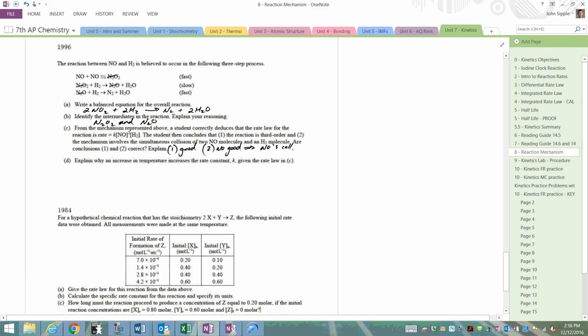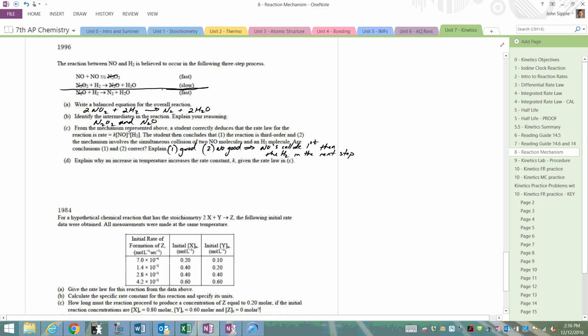NOs collide first, then the H2 in the next step. Notice where the rate law the student got is coming from.